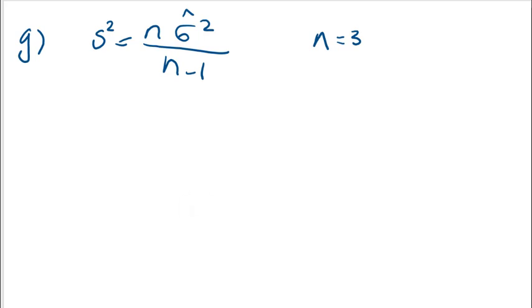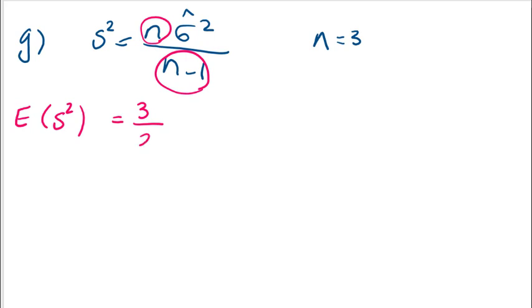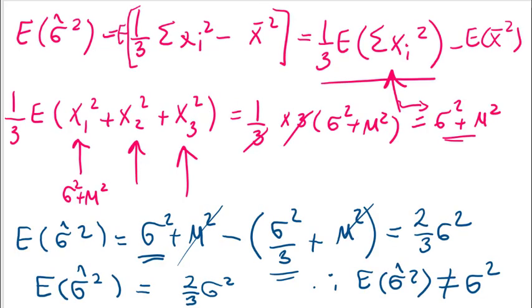Okay, so we say that here S squared. What do we want to do? We want to get the expectation of S squared when n is equal to 3. So it would be 3 divided by 2 and expectation of sigma hat squared. But we got expectation of sigma hat squared in here.